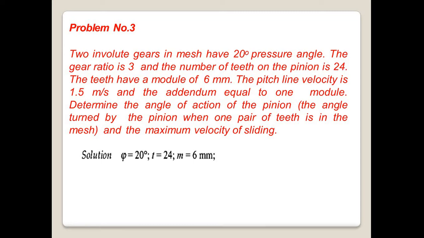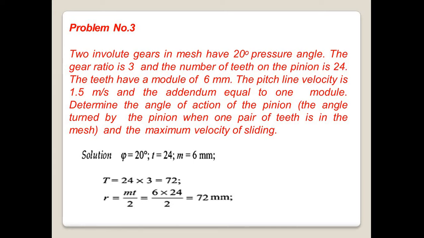What is the given data? Phi is equal to 20 degrees, that is the pressure angle. The number of teeth on pinion, small t, is equal to 24. Next, the module m is equal to 6 mm. Again, capital T is equal to 24 into 3. Earlier I told that the gear ratio is 3.